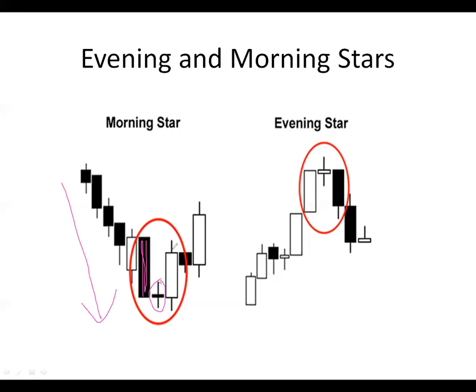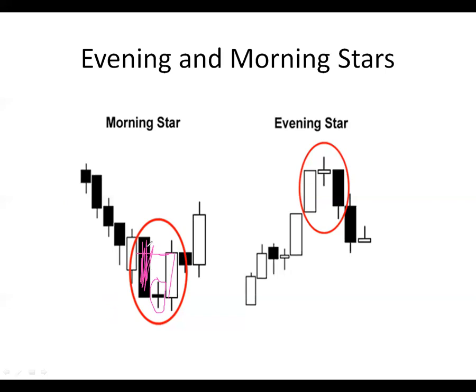And then the third candle is a bullish candle, which has done almost half of the previous bearish candle. Can you see that? The second one indicates indecision, and the next bullish candle does almost half of, or more than half of, the previous bearish candle. That is the catch there.